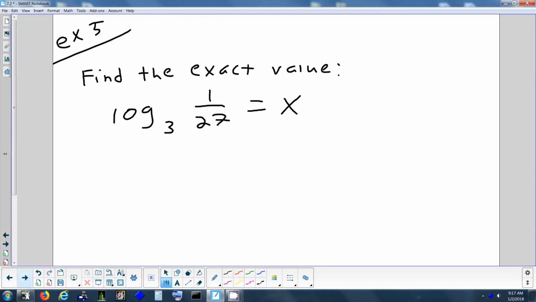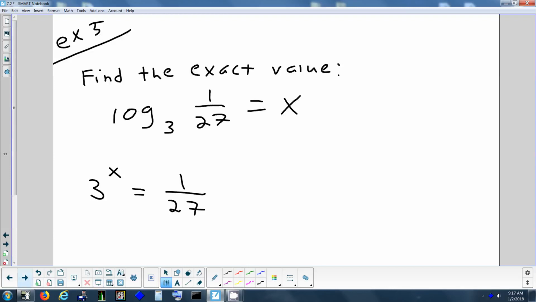So this one's a little different because it has a fraction. But if you look at 27, 27 is a power of 3. So if we start to rewrite it, that's my base, that's my exponent, that's what goes on the other side.